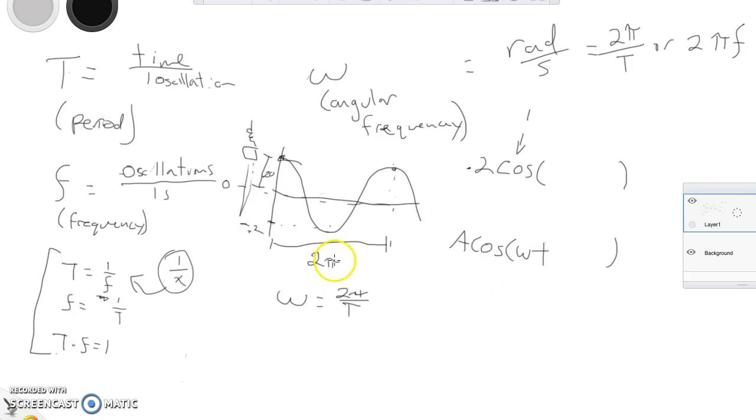So for example, if we have 1/2 cycle, which would be T/2, then when we multiply omega t right here, that's 2 pi over T times T/2, and that would just give us pi, or 1/2 cycle. And that's why we have this omega t right here.